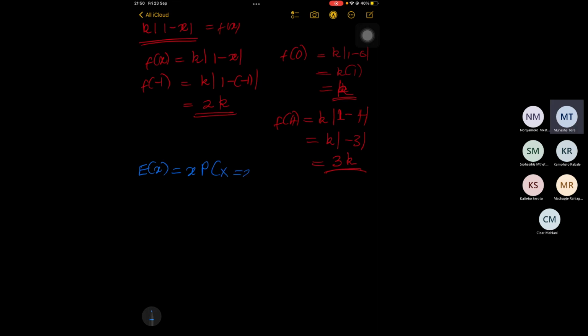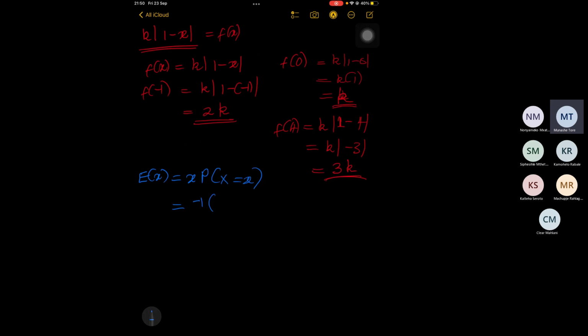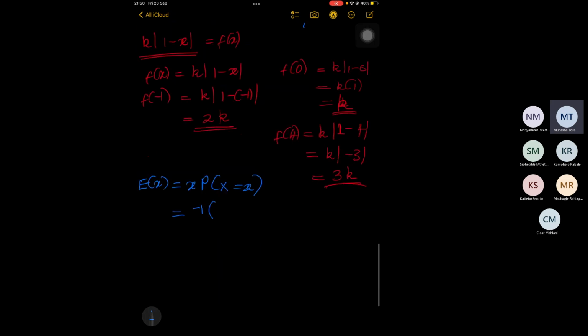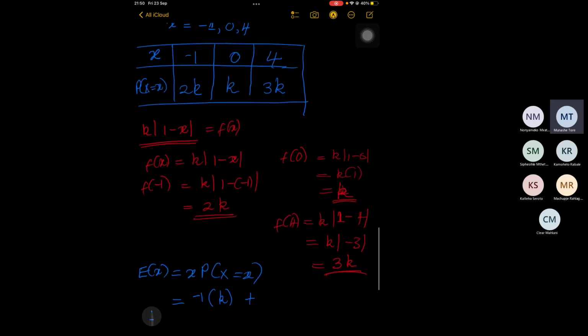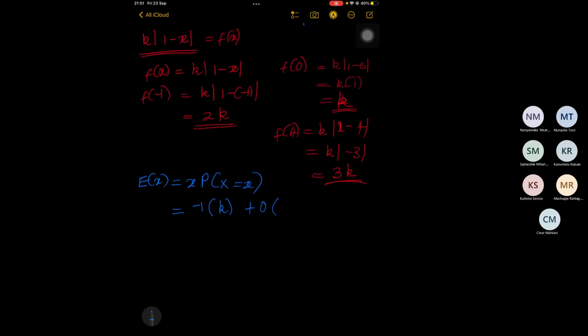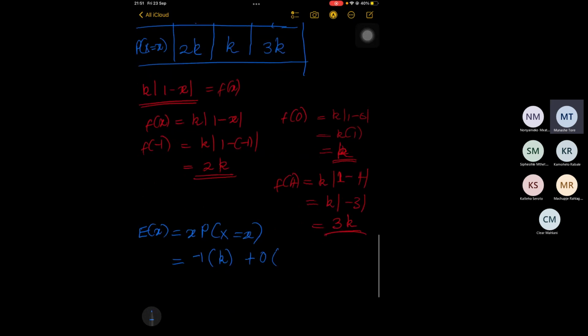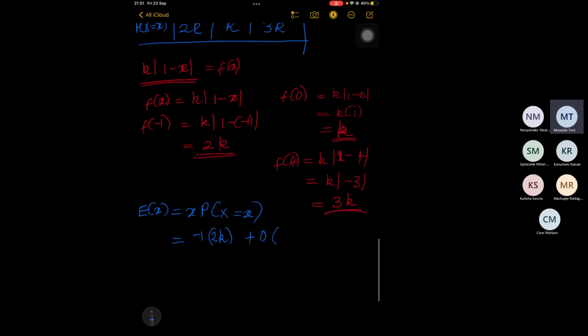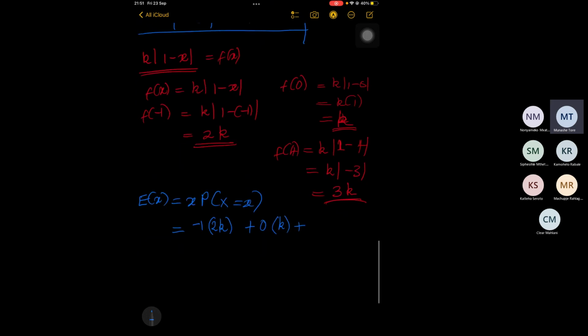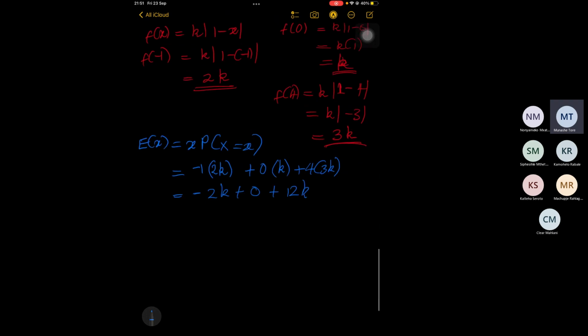Our x values: negative 1 times 2k, then plus 0 times k, plus 4 into 3k. Then it's going to be negative 2k plus 0 plus 12k, which is going to be equal to 10k.